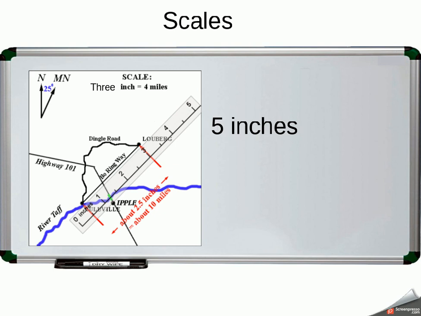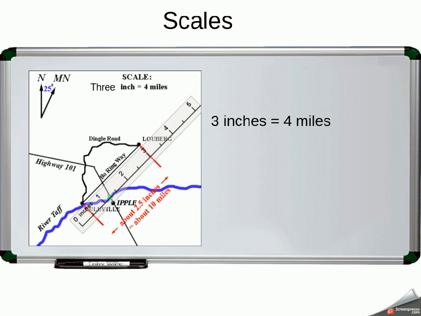But what happens if the scale isn't saying a nice 1 to 4? What happens if it's saying that 3 inches is 4 miles? Or even you could be told that a distance is 6 miles, work out how many inches it is. So when it's a ratio where it's not 1 to something, either way, what we've got to do first is say, right, 3 inches is 4 miles.